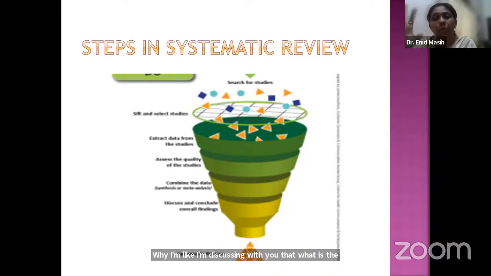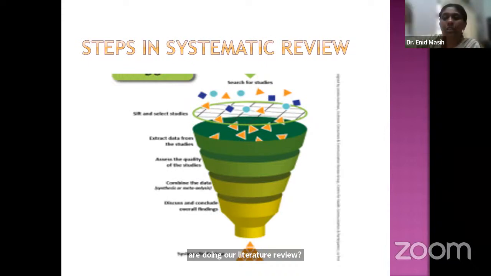Earlier, when we were doing our literature review, we were only focusing on the upper part of the filter. We were selecting each and everything available, whatever was matching the keywords of my topic.